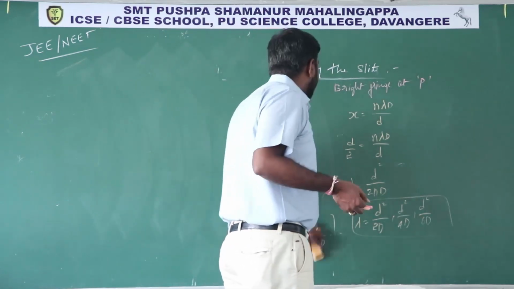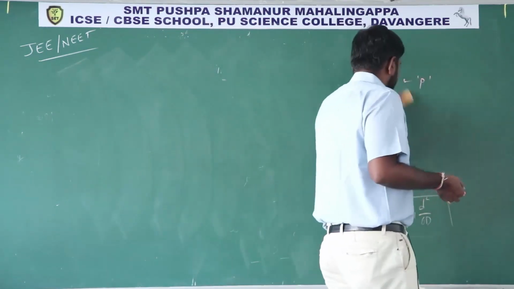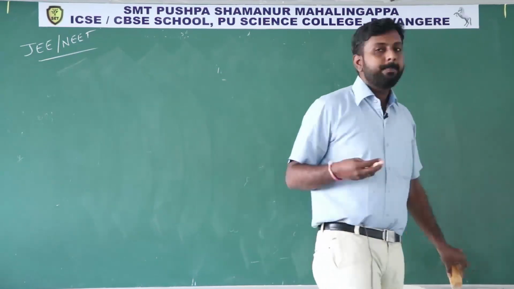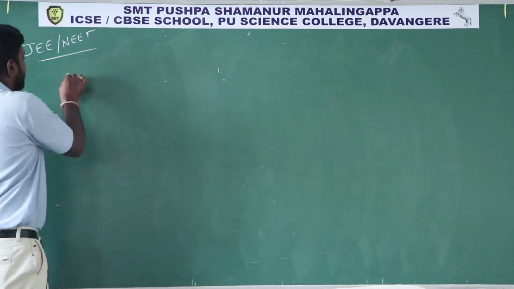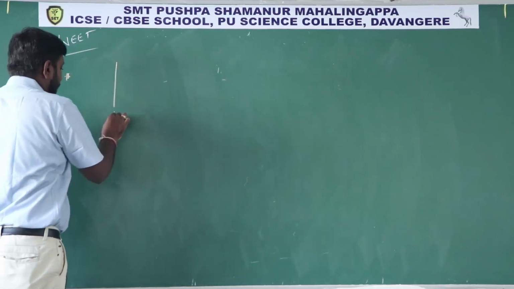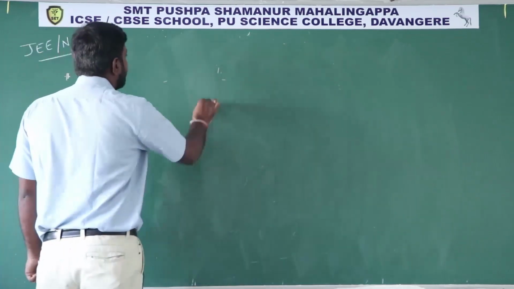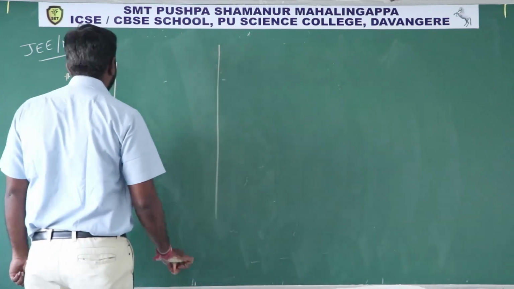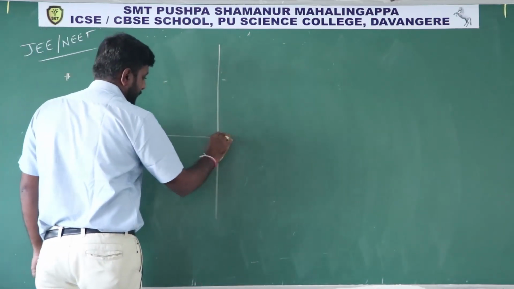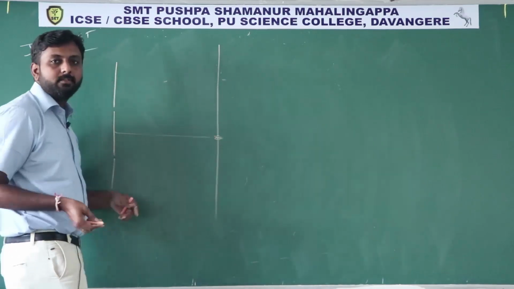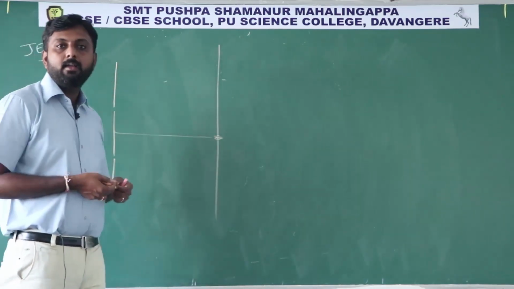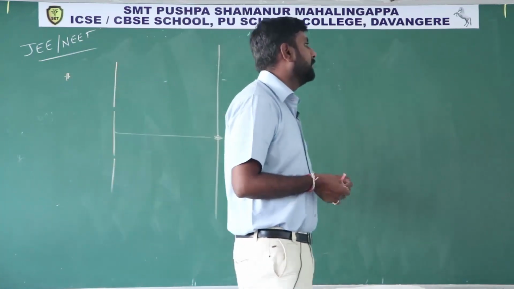After understanding this concept, next application. These are the two slits and this is the screen. Here you came to know that at this point path difference is 0, central maxima, central bright fringe.